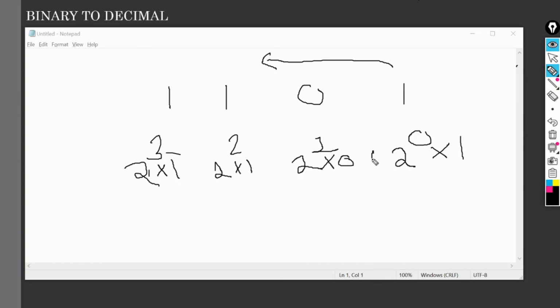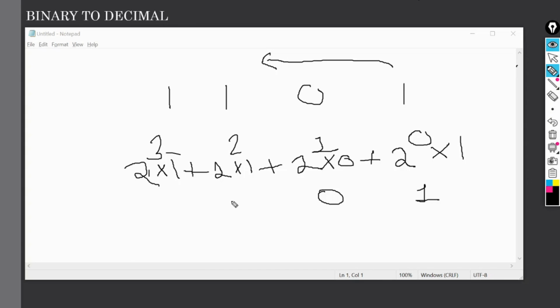Then we finally add these values. So 2 to the power 0 is 1, into 1 is 1. 2 to the power 1 into 0, anything multiplied by 0 is always 0.